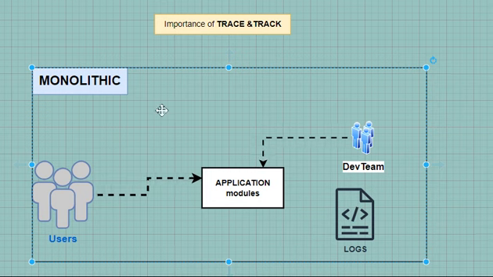So it is not a big deal in a monolithic architecture to find the problem and fix it. But imagine a microservice architecture. We don't have a single application, right? In a microservice application, multiple modules are implemented as multiple microservices. In such a scenario, when an end user reports a problem, it will be very difficult for the development team to identify the problem.